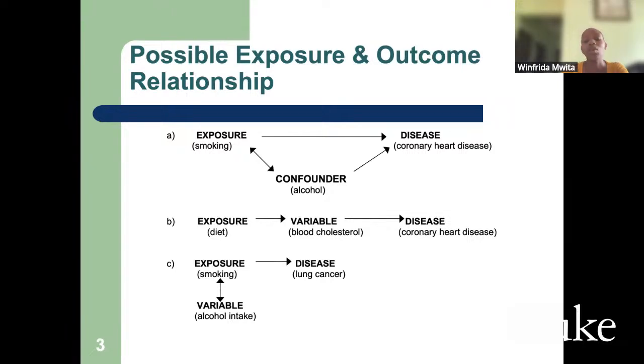mediator. So it can act on the causal pathway, such that when, let's say, you're interested to look at the effect of diet on coronary heart disease, there might be a variable like blood cholesterol, which is mediating that relationship, or acting on the causal pathway. Like if you take poor diet, you'll first have high blood cholesterol, and the blood cholesterol is the one that would cause coronary heart disease.